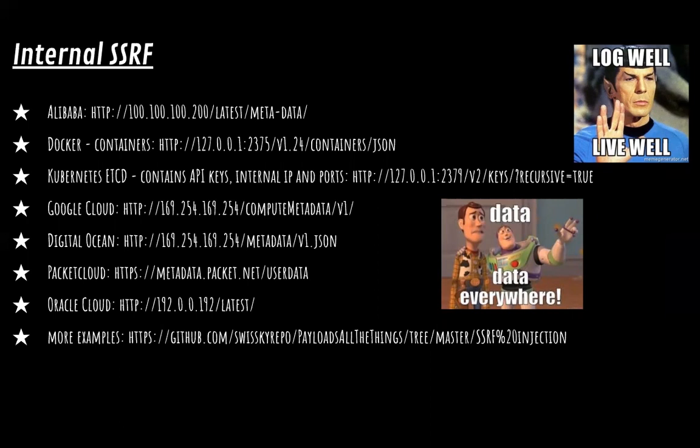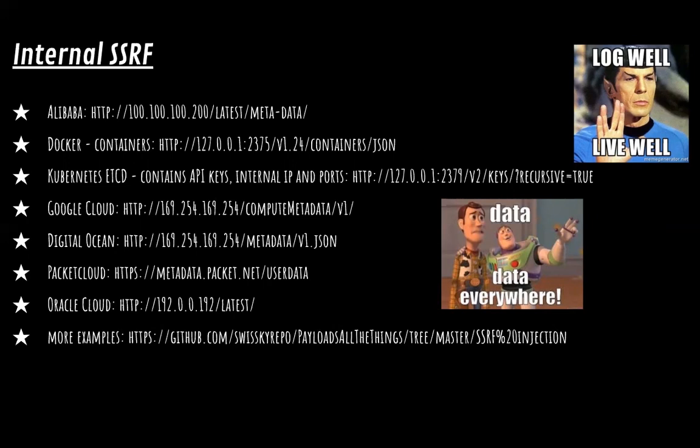And for example, Docker or Kubernetes will also reveal API keys, internal IPs, or ports as well, as these services would only be accessible to an internally facing server, where you have legitimate access to it and are able to invoke these queries. But through SSRF, we could maliciously request them on our own.